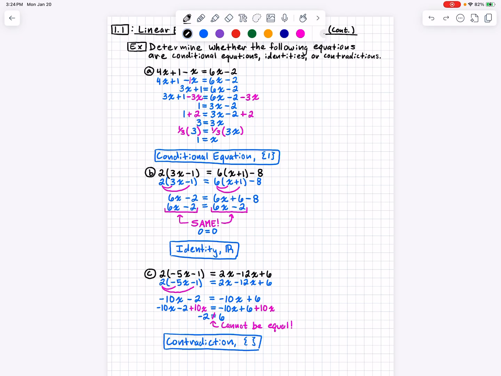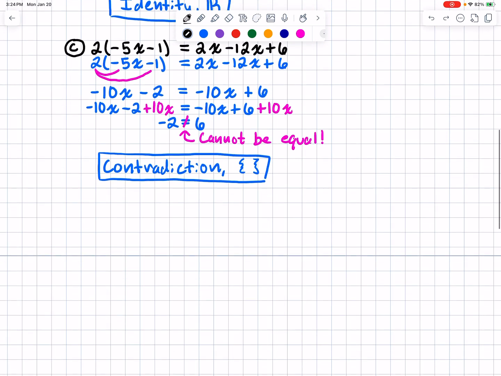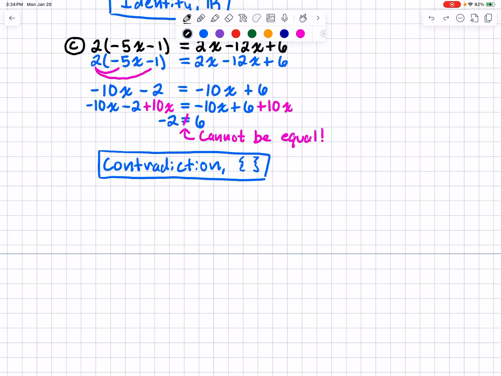So let's move on to a definition. So, rational equation.